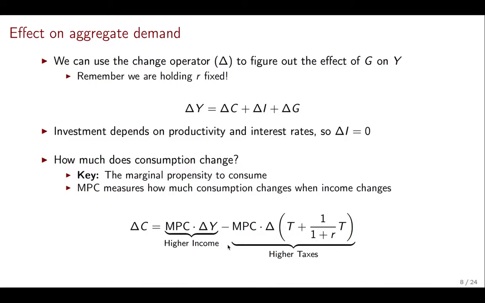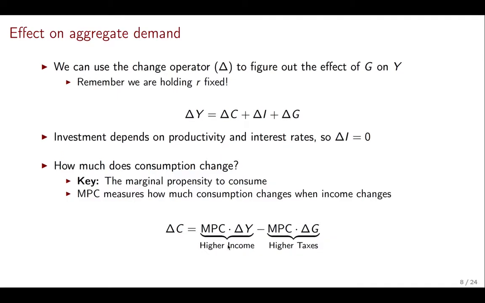Now, thanks to the discussion we had about the government's budget, we know that this change in taxes has to be equal to the change in government spending. And so this gives us a very nice representation of how much consumption is going to change, where we know that consumption is going to go up because of the higher income, but then it's going to go down because of the higher taxes in proportion to how much government spending is increasing.